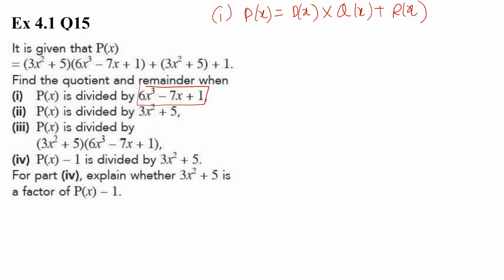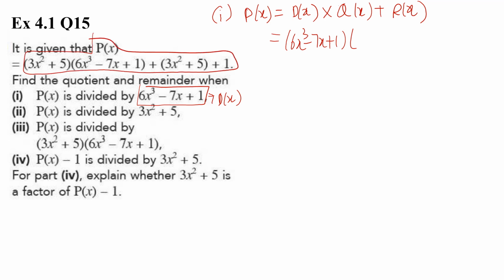So that will be your divisor, your d of x. So we substitute this in as your d of x. Then if you go back to your dividend, if this is your divisor, then of course 3x squared plus 5 will become your quotient. Then your remainder will be whatever remains there.